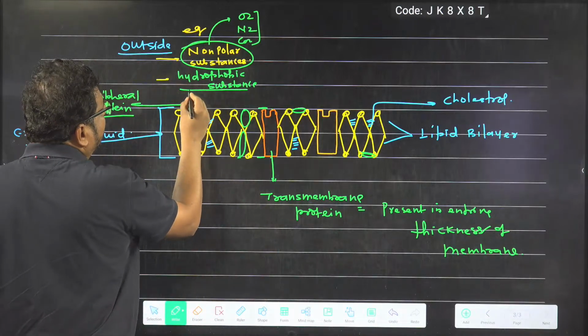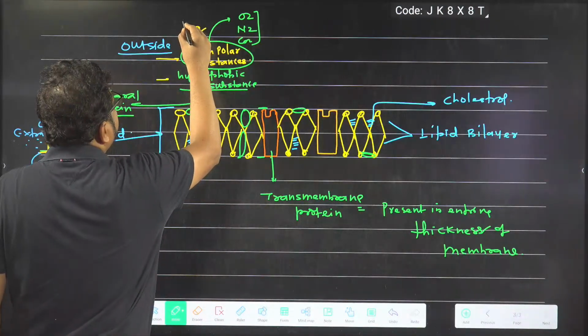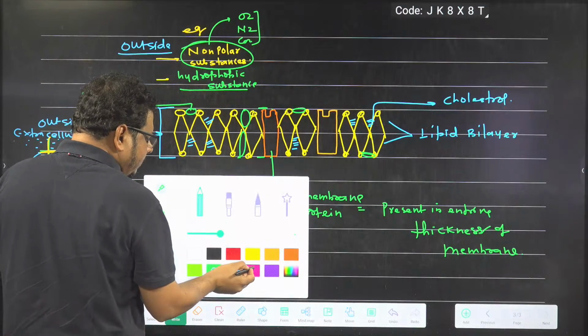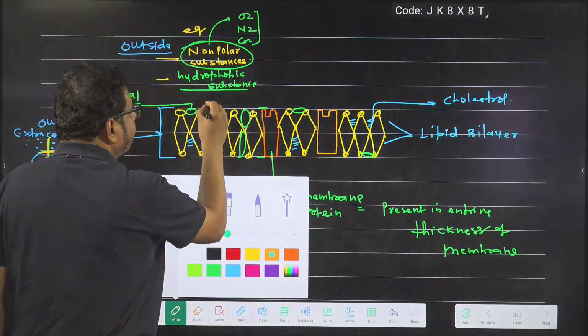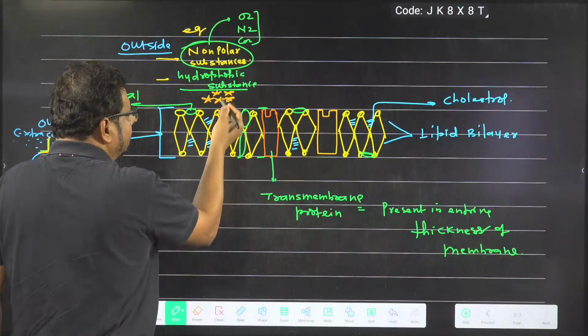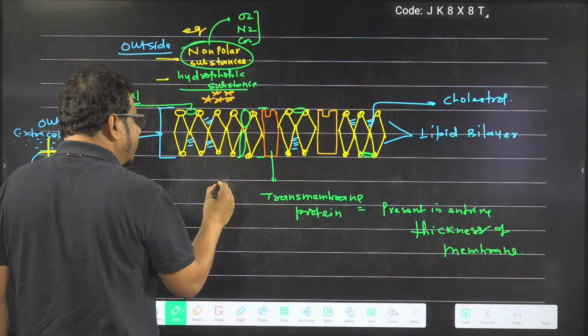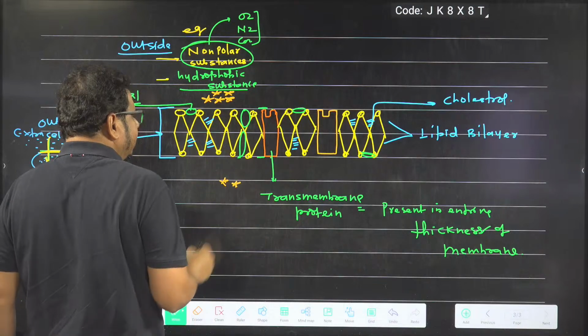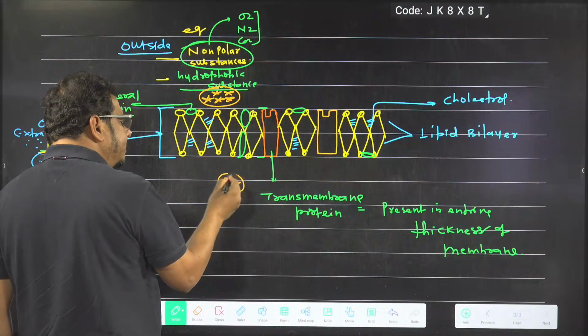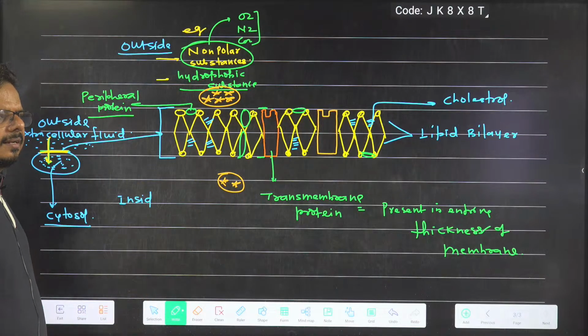Everything moves from more to less. Suppose this substance is in higher concentration outside. I am just putting some stars. The number of stars is more outside and less inside. So it is high concentration here and low concentration there.